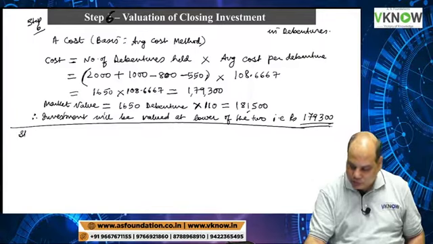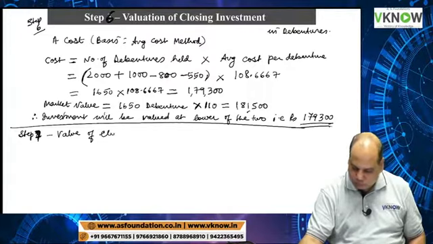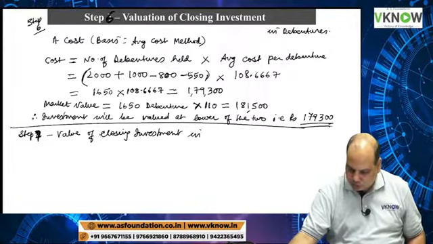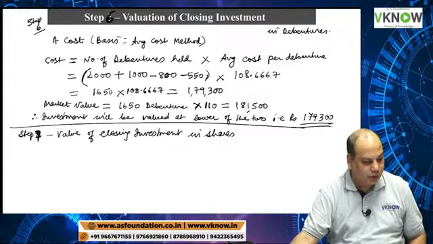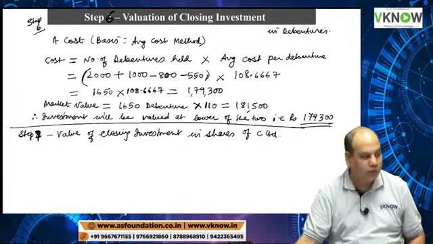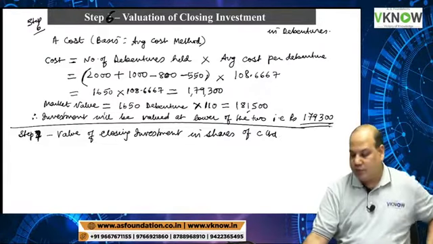Now write down step number 8 or 7, write down value of closing investment in shares of C Limited.